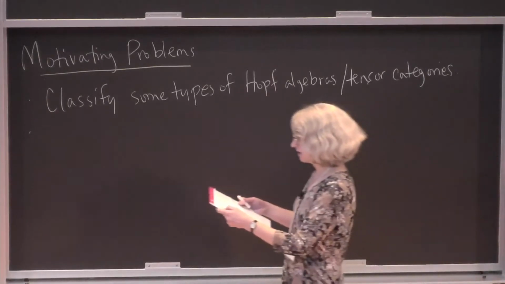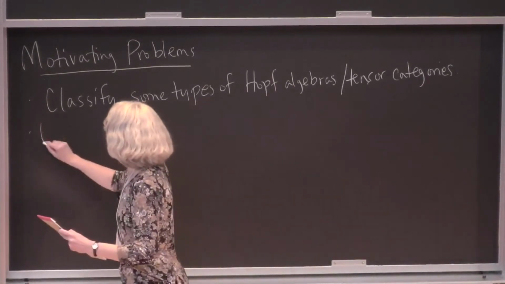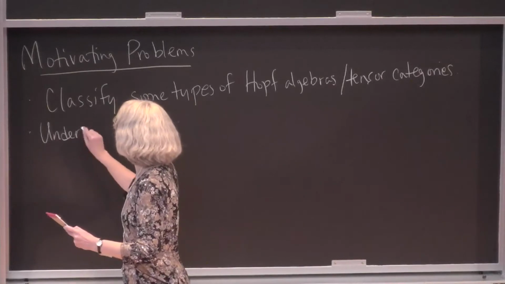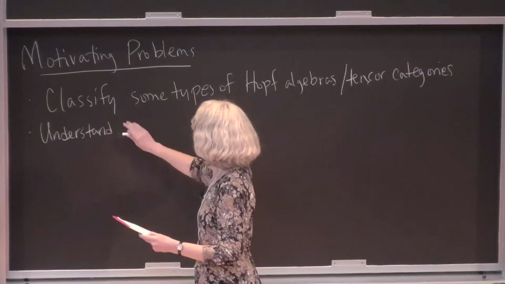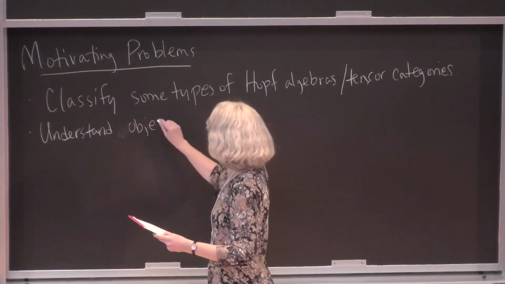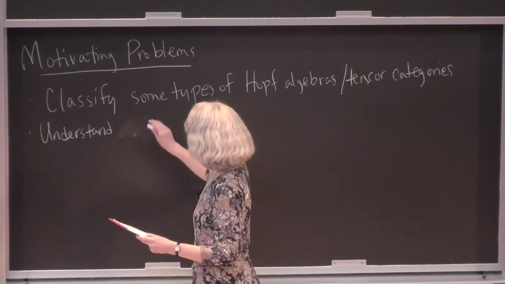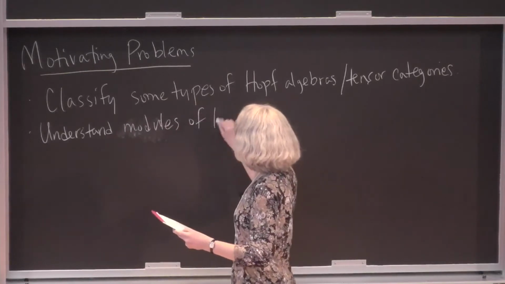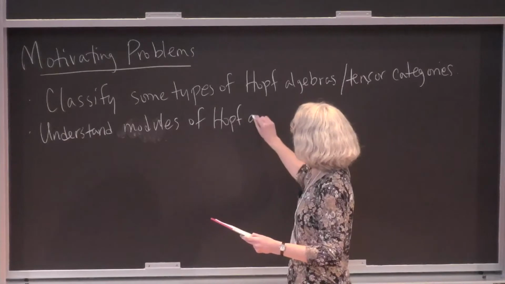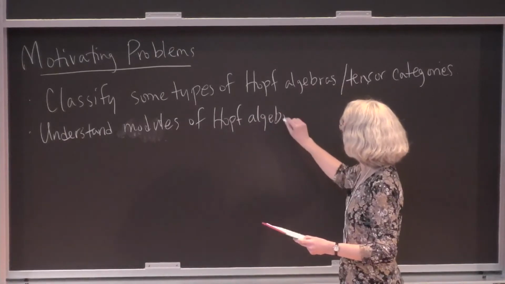So in that case, I would want to work a little bit harder to understand modules. Let me say objects. I put Hopf algebras first. Modules of Hopf algebras, or objects in tensor categories.